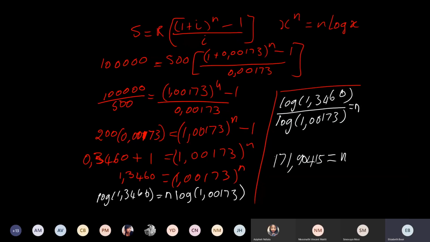And if I divide that by 52, divide by 52, our n is equal to 3.3.